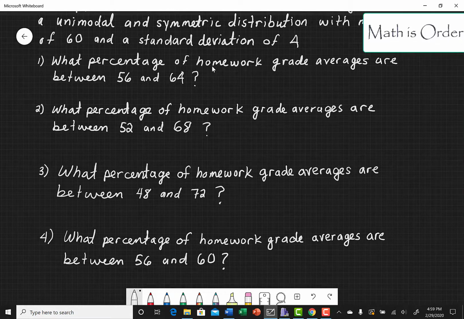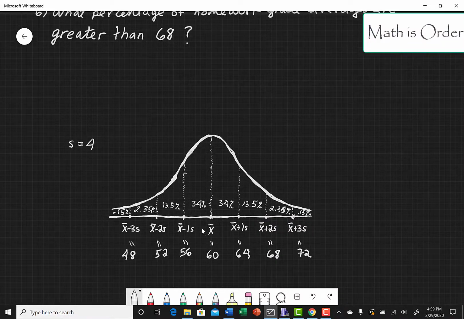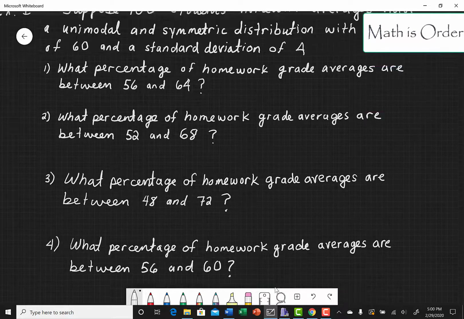Well, this distribution represents the homework grade averages. And between 56 and 64, that is this region here within one standard deviation of the mean. See, here's 56, 64. So what is the region in between those two values? That is 34 plus 34, which is 68. So we can say 68%.